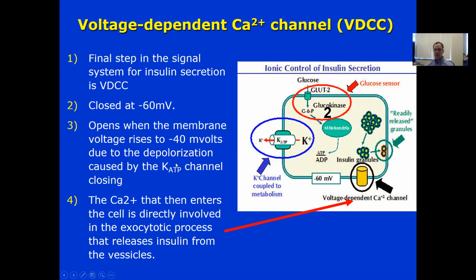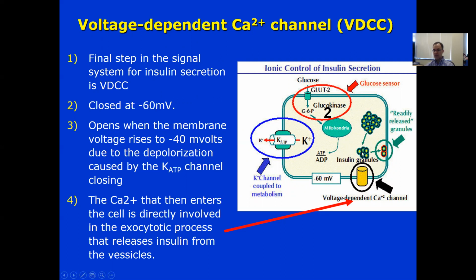Well, the final step, as we talked about, has to deal with the voltage-gated calcium channels. They're going to be closed at minus 60 millivolts, but once that wave of depolarization moves down and reaches that, and it becomes a minus 40 millivolt charge, it makes its way to the voltage-gated calcium channel, and that's going to cause that channel to open, and calcium is able to enter the beta cell.